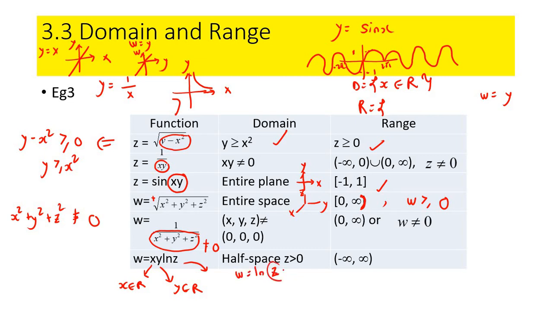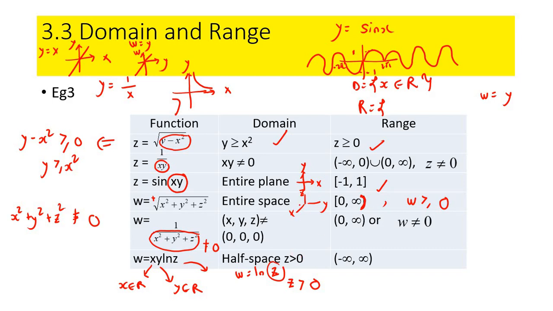For the ln function, you set z greater than 0, because if z equals 0, ln 0 is undefined. That's why for this case, xy is a real number, but z is a positive value. That's why it's half of the space. This is a 3D graph, because of x, y, z.